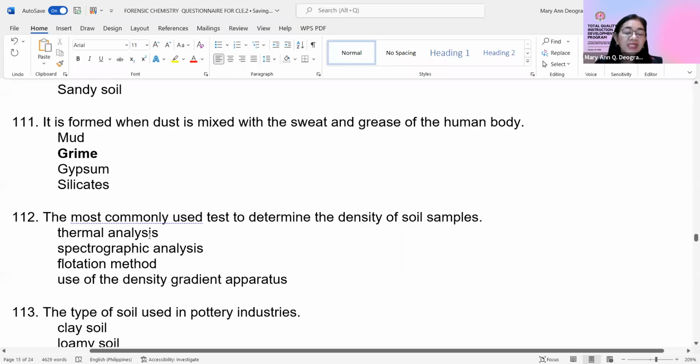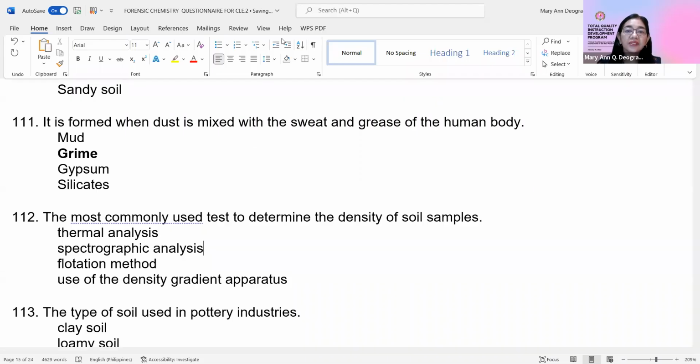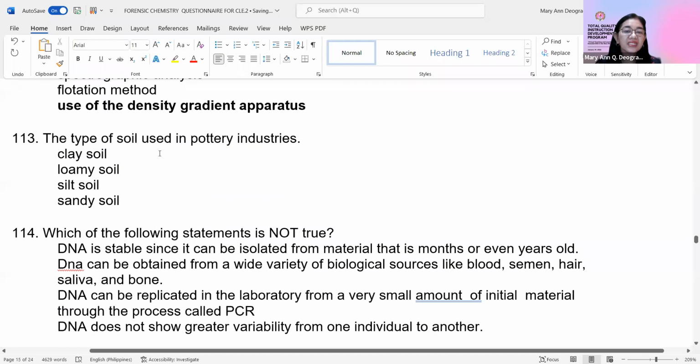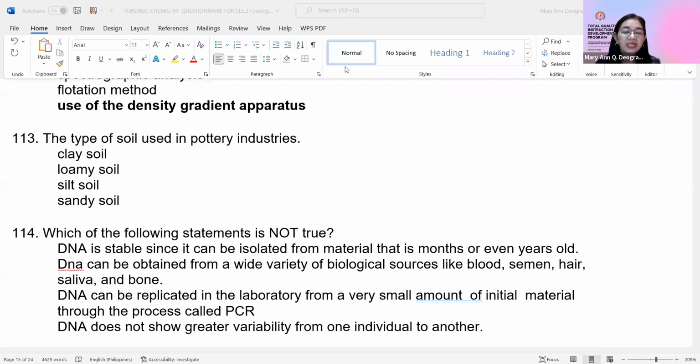The thermal, spectrographic, flotation, and then use of the density gradient apparatus. Andyan. Okay, use of the density. Pottery industries. Alin dito? Pots. Okay, clay.